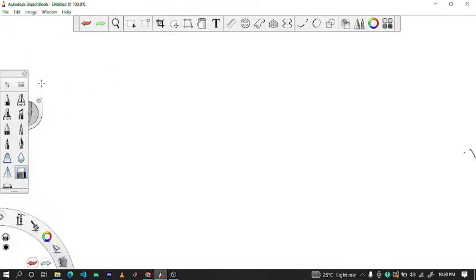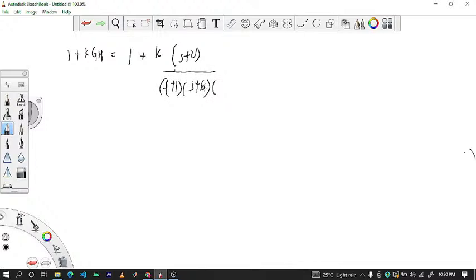What they've given us is 1 plus kgh, which is 1 plus k times (s plus 2) over (s plus 1)(s plus 6)(s plus 8).